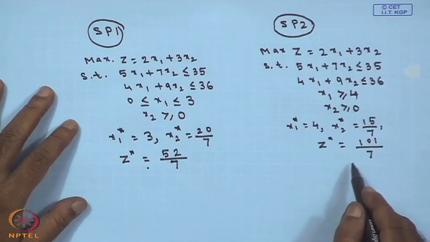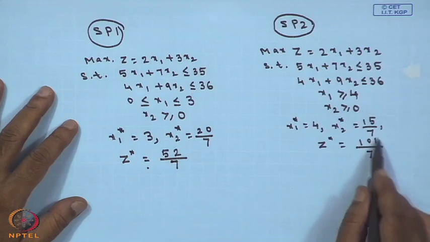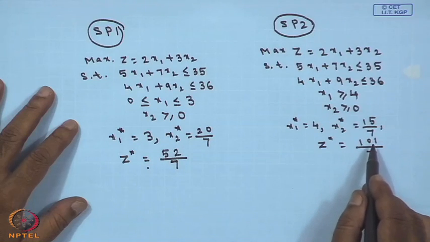I will discard the subproblem which has the lower objective function value. So, for this problem we will discard SP1 because its objective function value is 52/7, whereas I will take the second problem SP2, whose objective function value is 101/7.